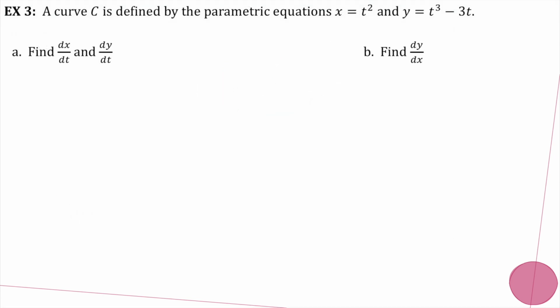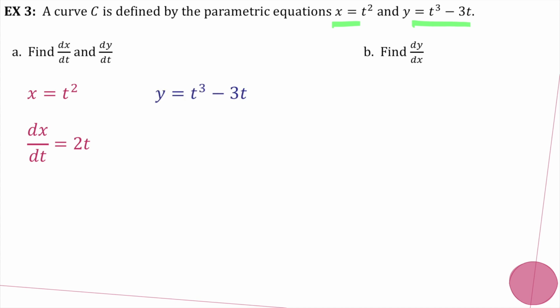So let's practice that. A curve C is defined by two parametric equations here. We're going to find dx/dt and dy/dt. So dx/dt, that is just the derivative of the x equation. So if x equals t squared, then dx/dt is 2t.